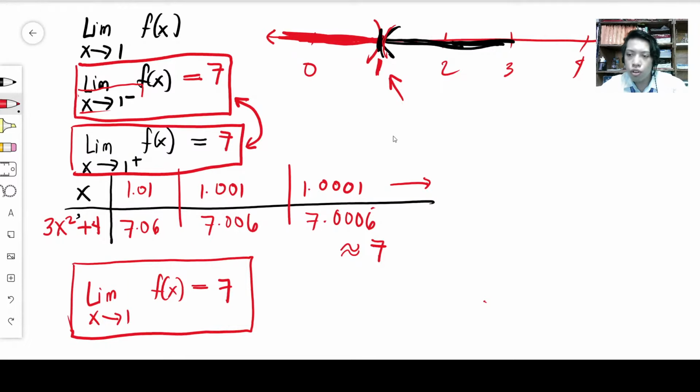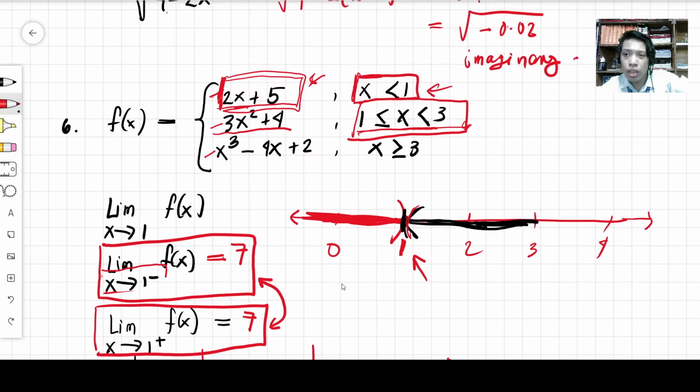You look for which function to use when you are dealing with a piecewise function.